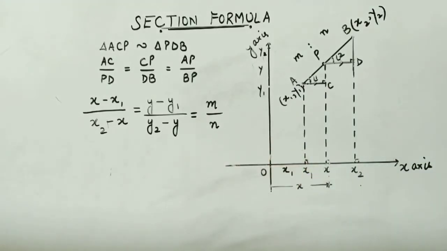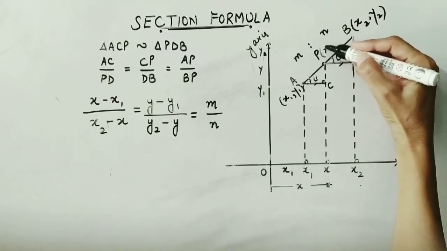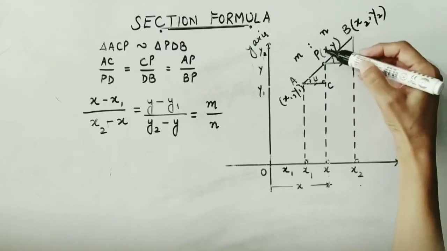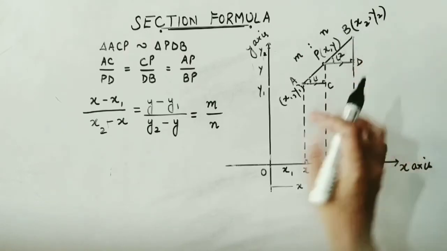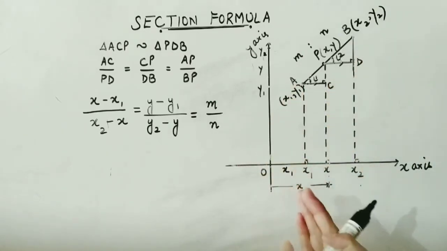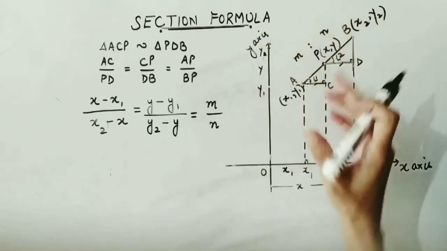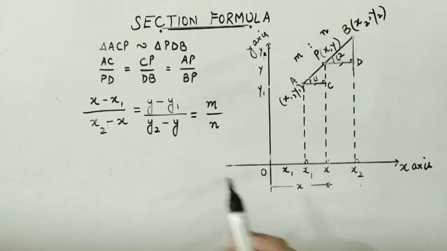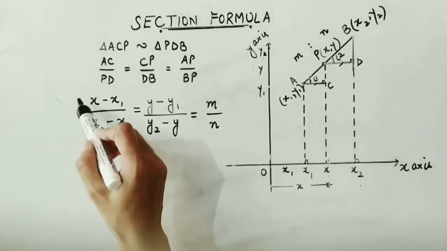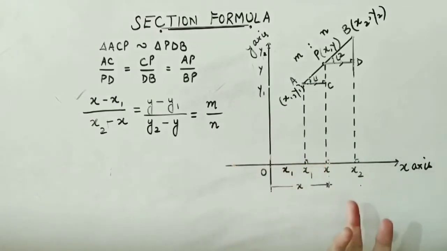Now what we need to do to derive, because we are actually looking for the coordinates of this point P, which has coordinates x and y. We want to represent x and y in terms of all these coordinates x1, x2, y1, y2, and checking its effect with the ratio. If I want to look for x, I'll be picking first ratio and comparing it with m is to n.